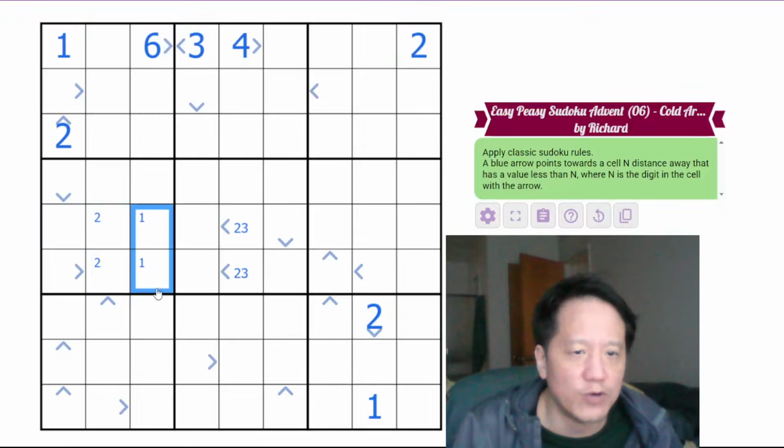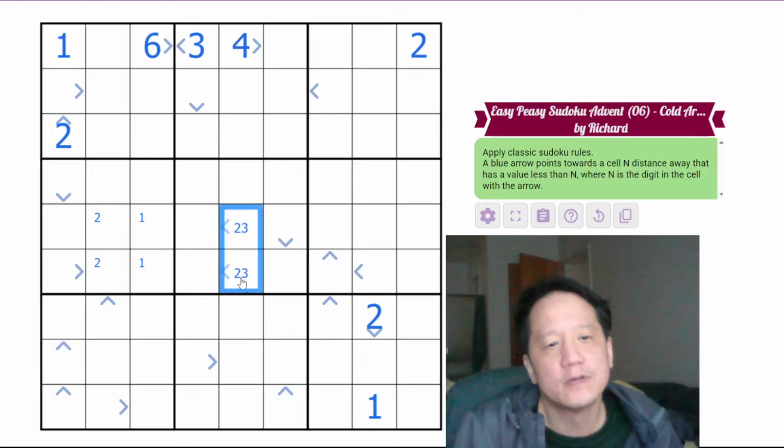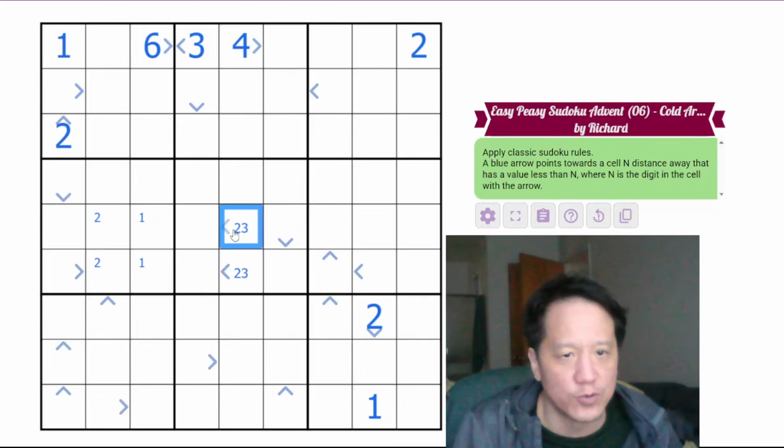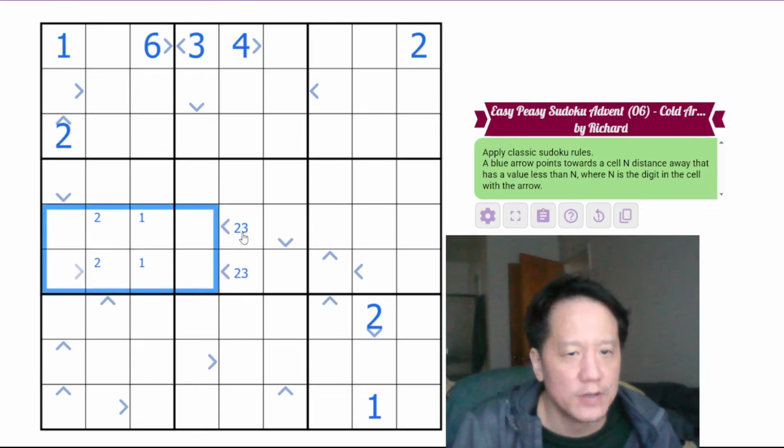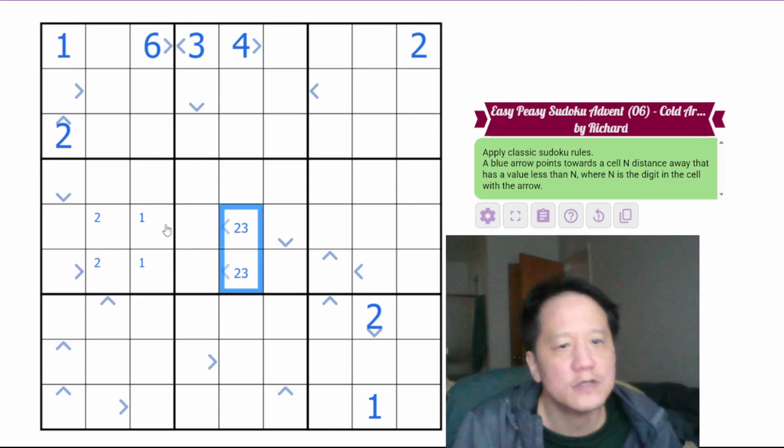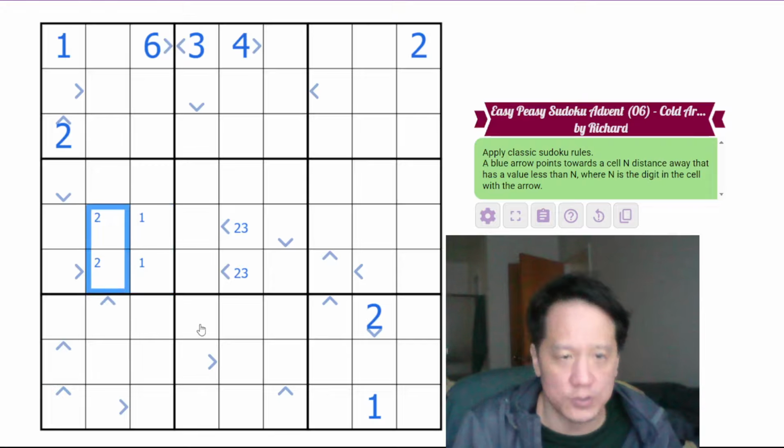You can't have 1 because one of them has to correspond to the 2 here, right? It has to be less than the 2, that's 2 away here. It can't be 4 because of the 4 in the column. And this goes to at most 4 here. Can't be 1 away because no digit on an arrow can be 1, because 1's not greater than any other digit. So this must be 1 and this must be 2.